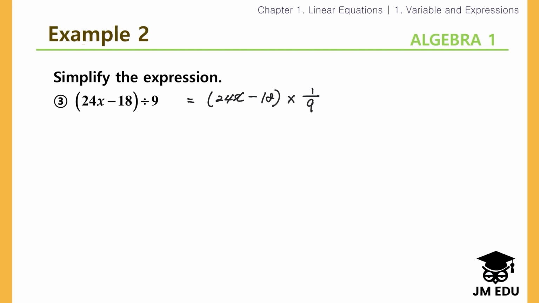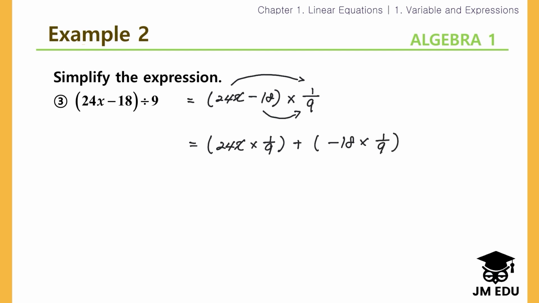Now let's multiply this binomial and this constant. We have to apply the distributive property: 24x times 1 over 9, plus minus 18 times 1 over 9.